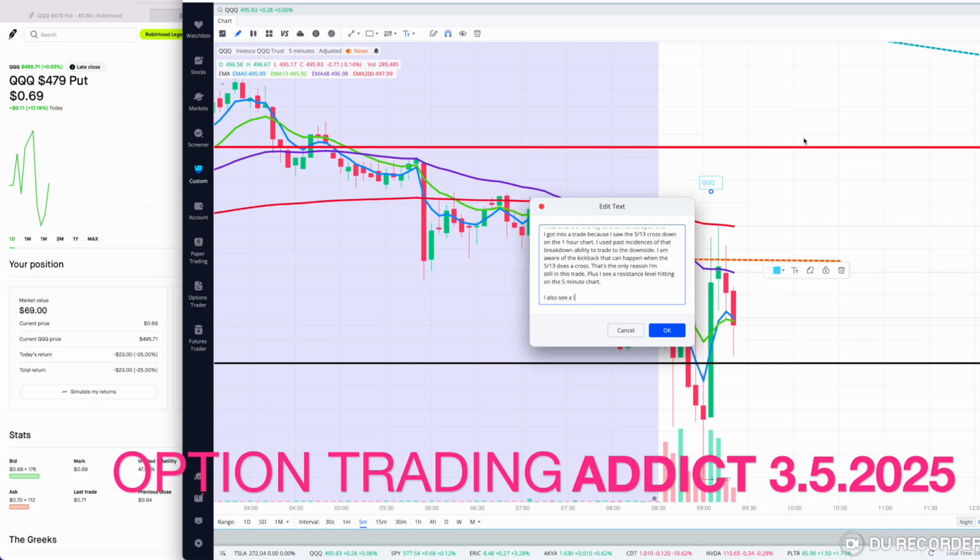I also see a level of support hitting at the 495 area. So that's why I say I should pay attention to key level areas and probably just avoid trading those areas until a direction is well established.